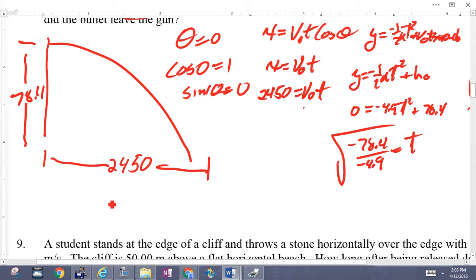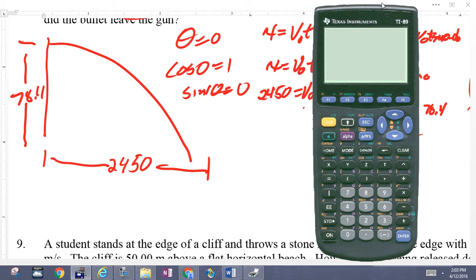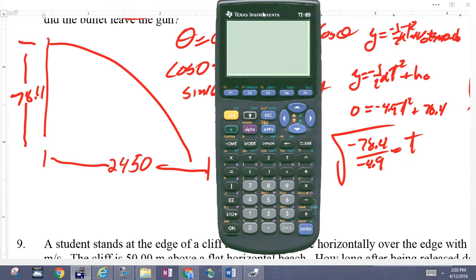So going to our calculator and solving that for t. I don't need to use that, so I'm going to clear that. Sorry about that.